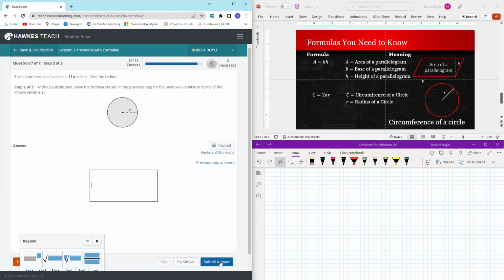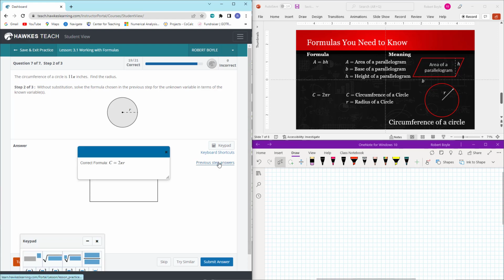Next part is we want to rewrite the equation in terms of the unknown variable, which in this case is r. So remember, our previous answer was c is equal to 2 pi r. We know what c is, we're looking for r.